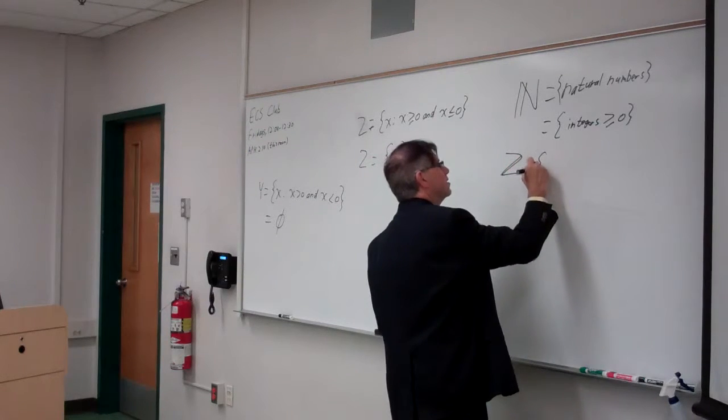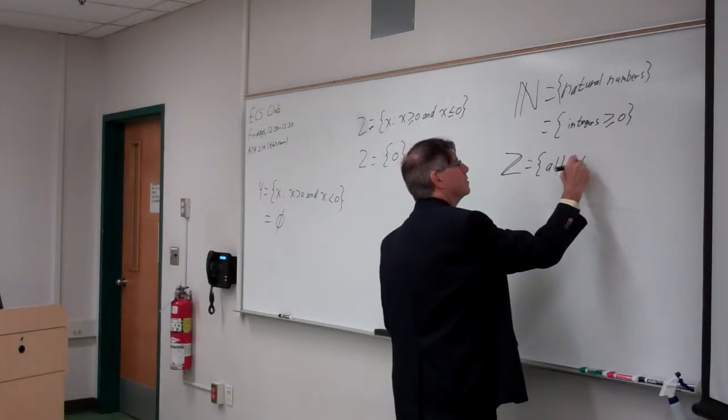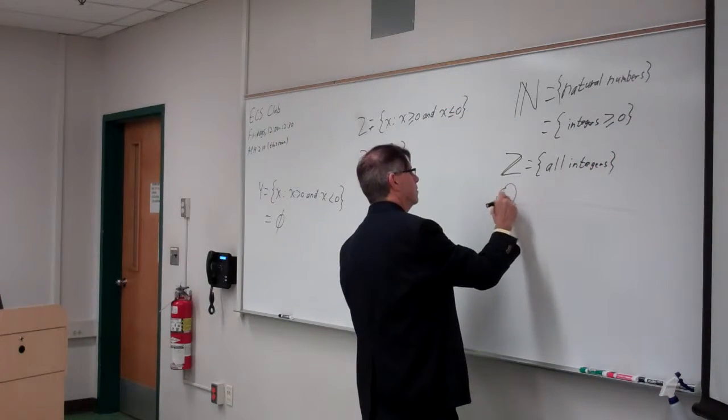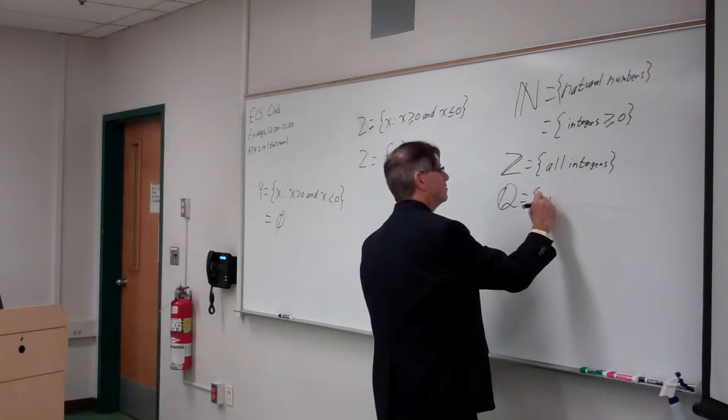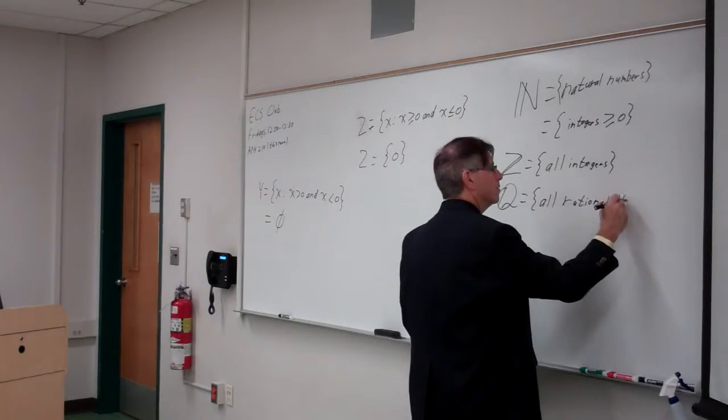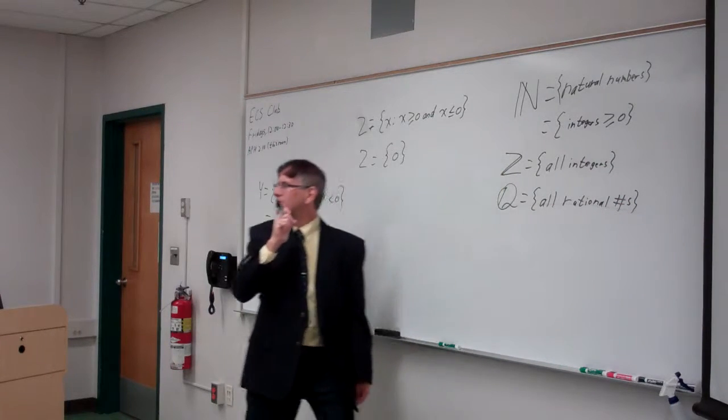This funny looking Z is the set of all integers. Funny looking Q is the set of all rational numbers. So what's a rational number?